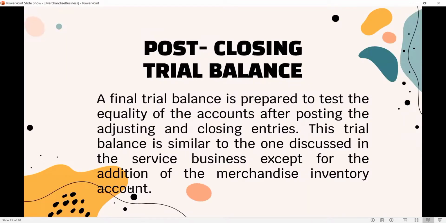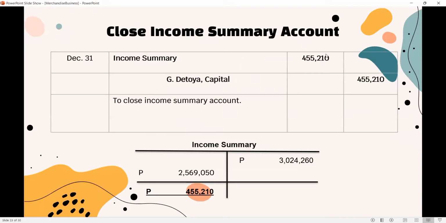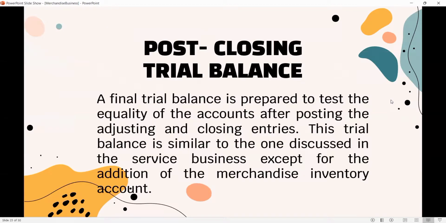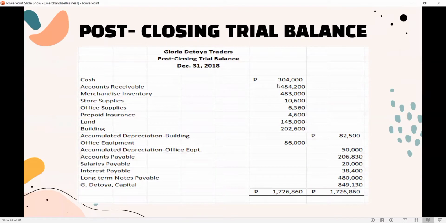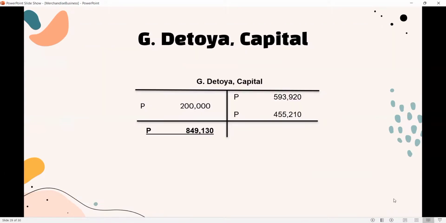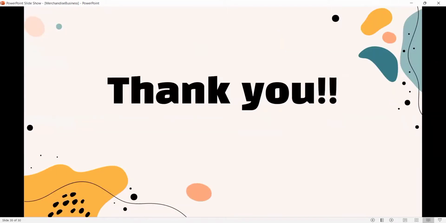Papakita ko ulit sa inyo dito. 455,210. And then, ibinawas natin yung withdrawals natin. Kaya nakuha natin yung 849,130. Then add lang yan. Add din dito, dapat total sila. Yun lang yung discussion natin for today.